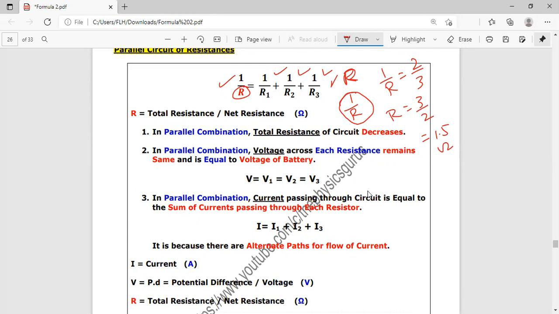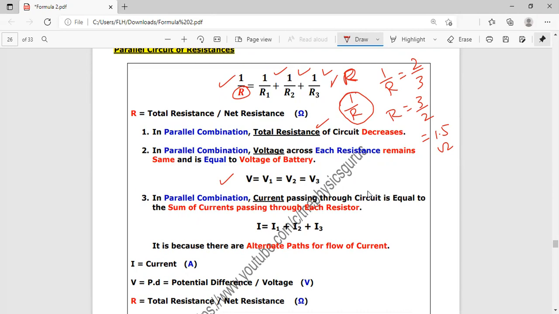In parallel combination, total resistance of the circuit decreases because it's the inverse of the resistance. In parallel combination, voltages remain same across each resistor. That is V1 is equals to V2 is equals to V3, and current passing through each resistor will be different depending on the value of the resistor.